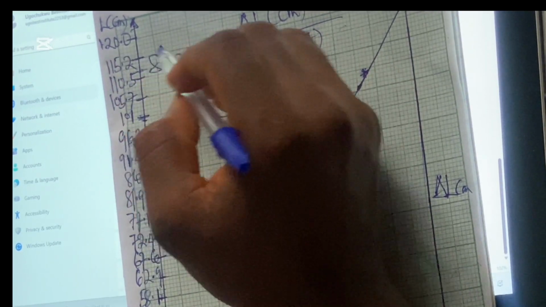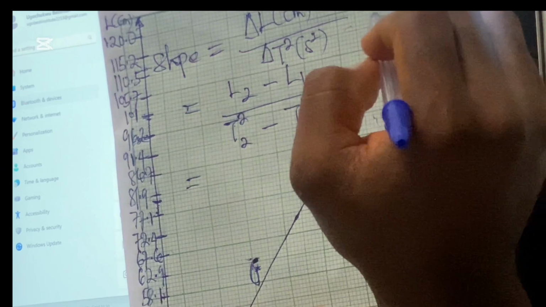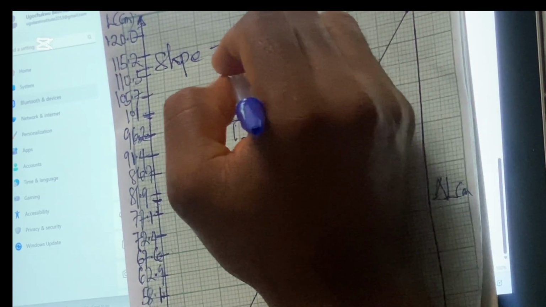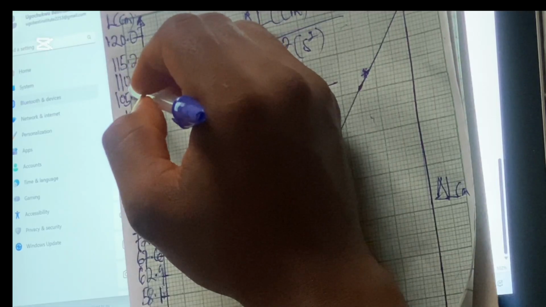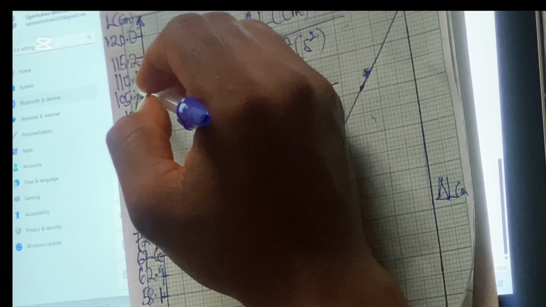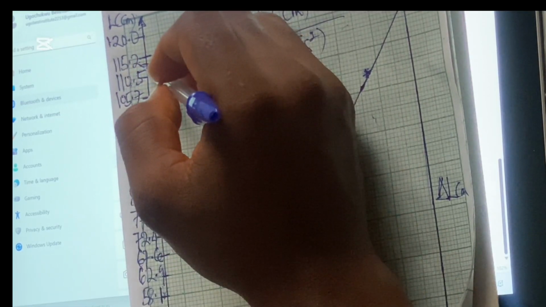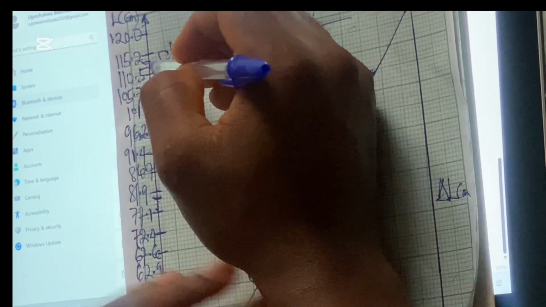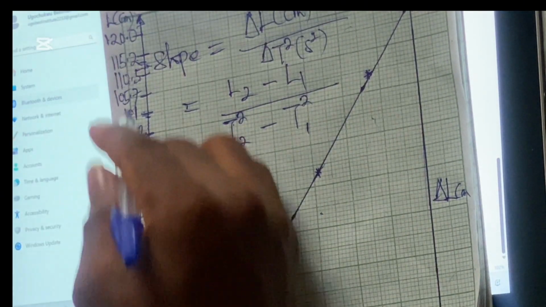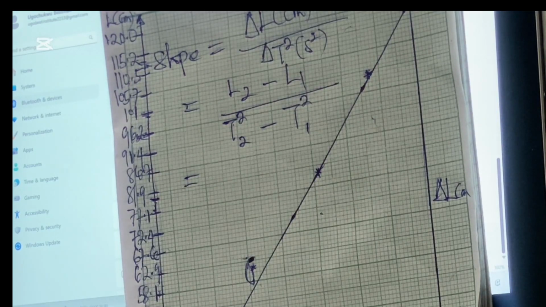Okay, let's trace it properly. It is this point, this 110.5. This bus, how many bus? 1, 2, 3. So this is 3. Remember, each of the bus along this axis is 0.94.